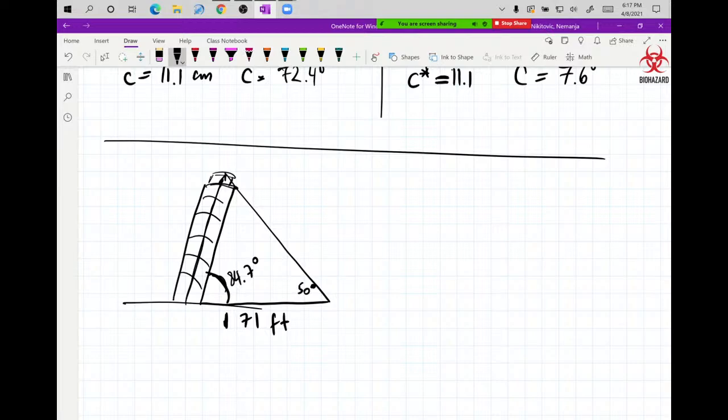If that is the unknown length, call it c, then you already have c over sine of 50 taken care of.